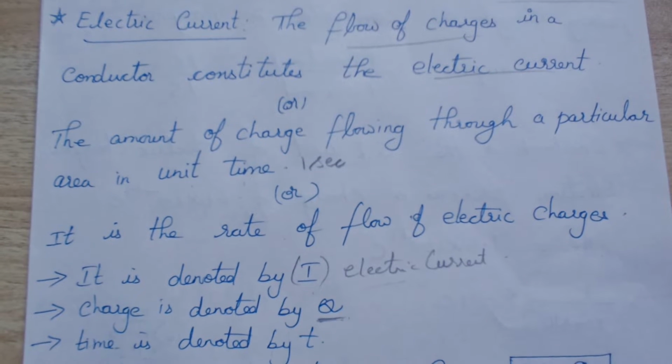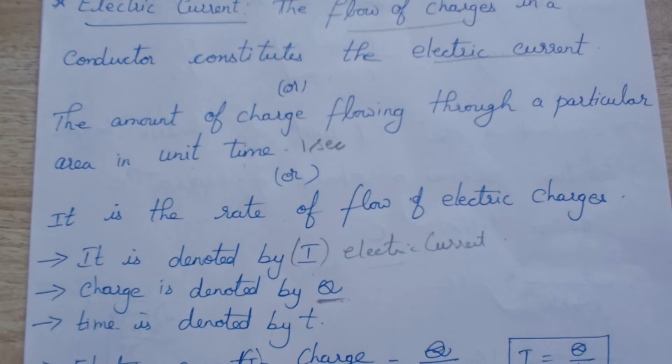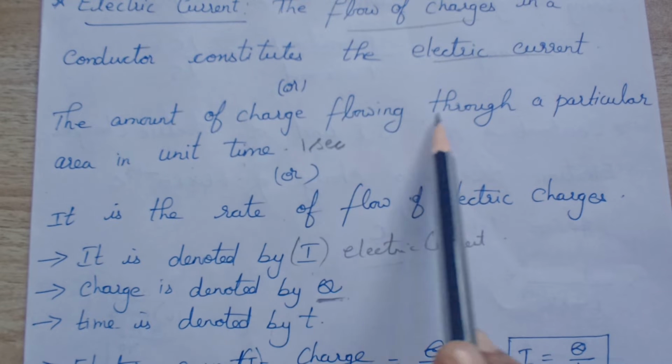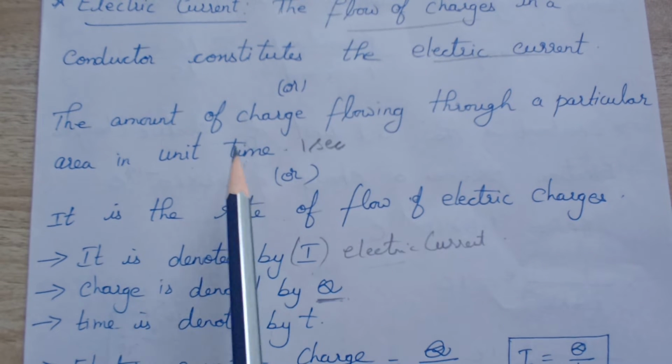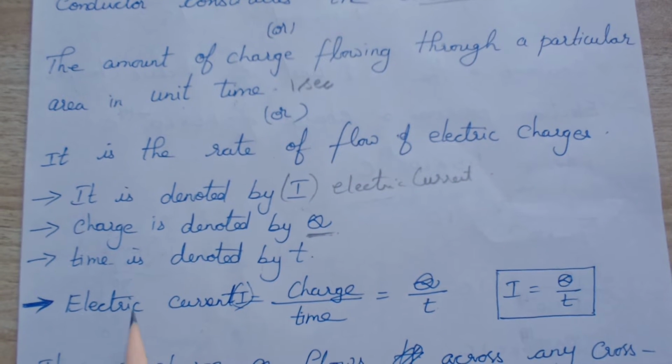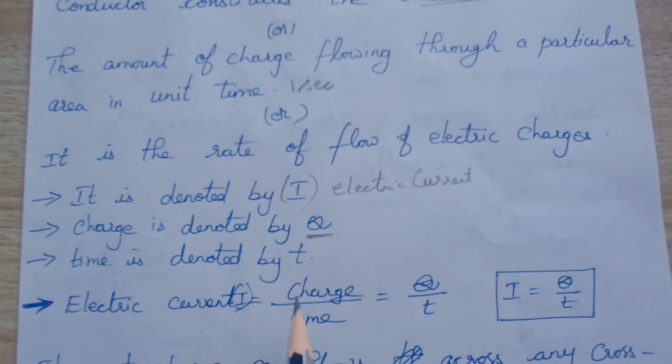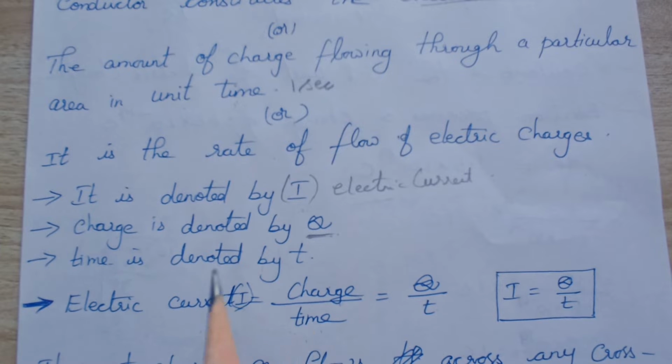So we have seen that electric current is the amount of charge flowing through a particular area in unit time. So electric current I is equal to the flow of charge per unit time. How much charge flows in a particular area per second.